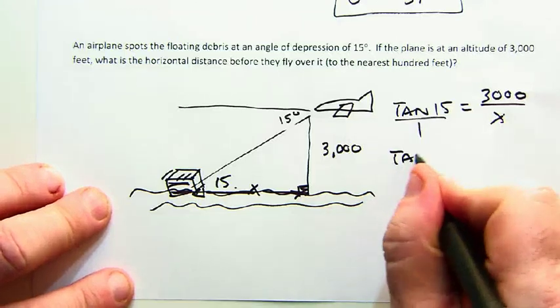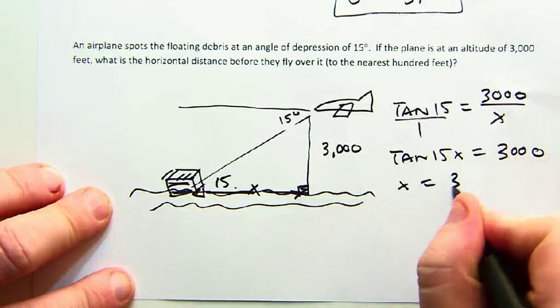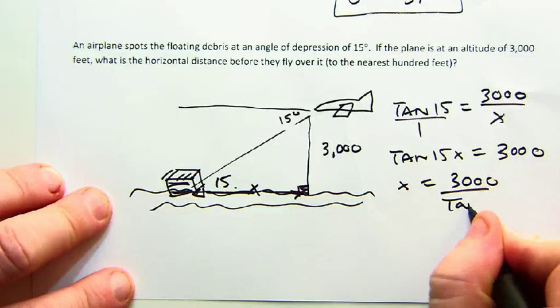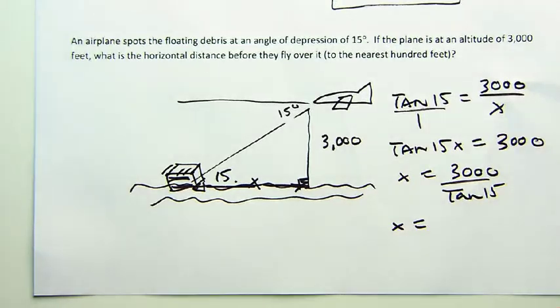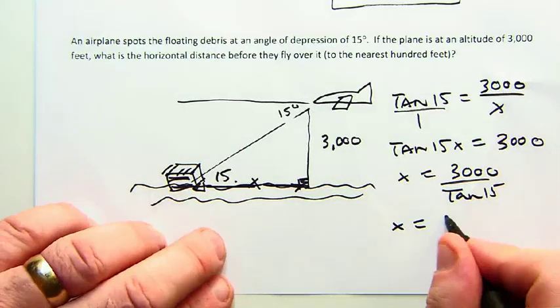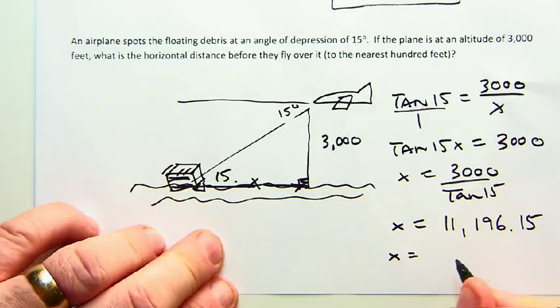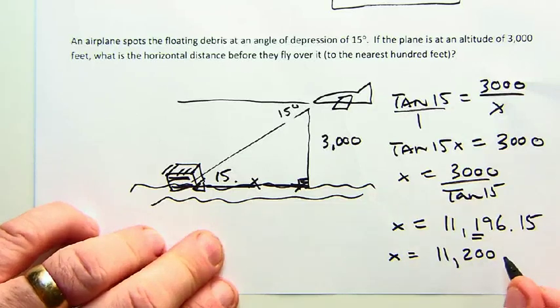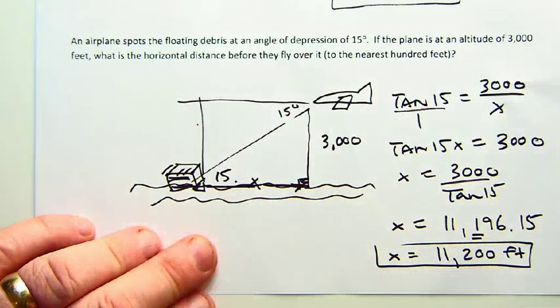Cross multiply, we get the tangent of 15 times x equals 3,000, and x equals 3,000 divided by the tangent of 15. And so our answer, it's going to be a big one, gives us 11,196.15. They ask us for the nearest hundreds, so 11,200 feet is the ground distance, or the distance I need to travel before I'm over the debris.